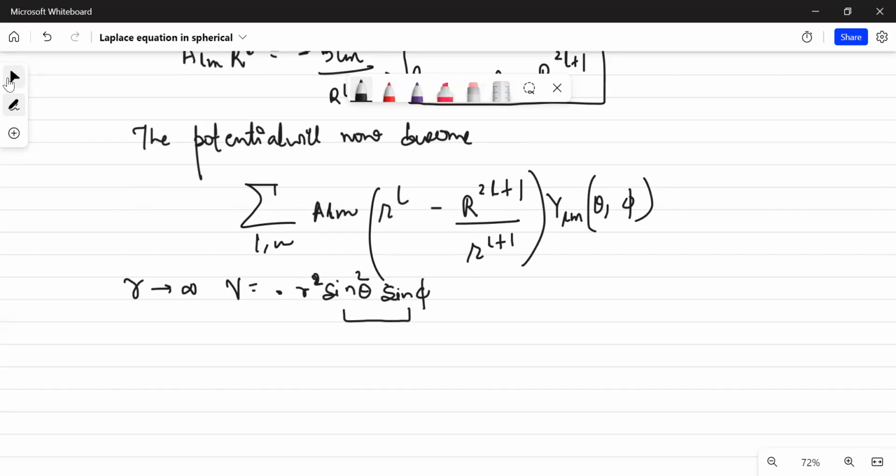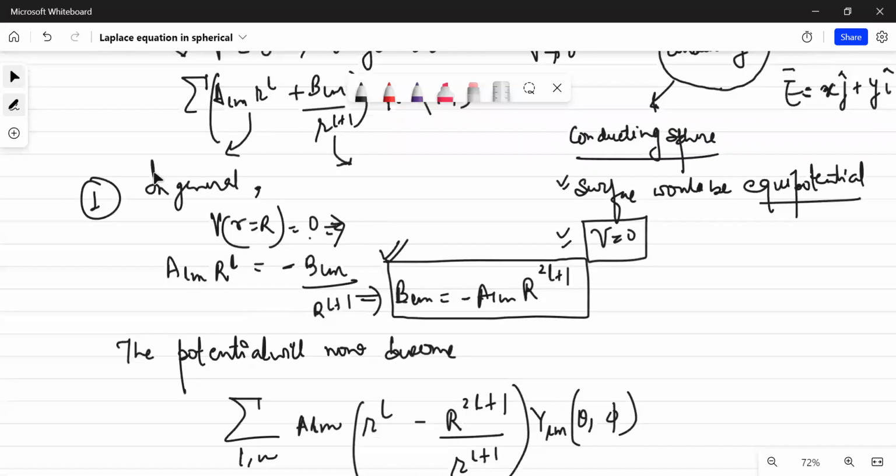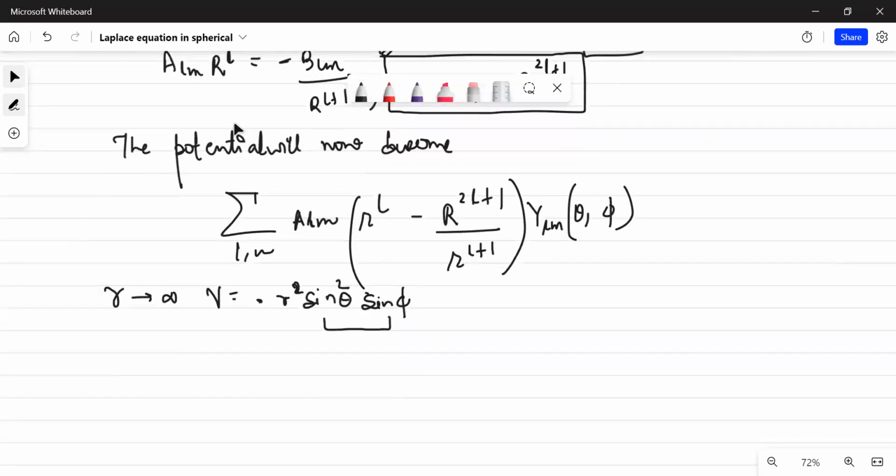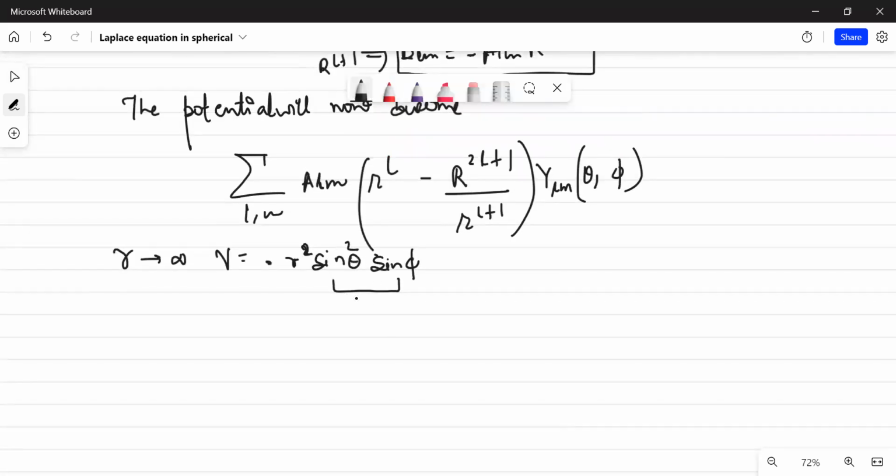So I will write my potential in terms of spherical harmonics. Understand where sine square theta was coming from. If you remember, sine square theta was coming in Y22. So Y22 was equal to, I have the list along with me, 1 by 4 root over 15 upon 2 pi, and then you have the sine square theta, and then e to the power iota 2 phi.